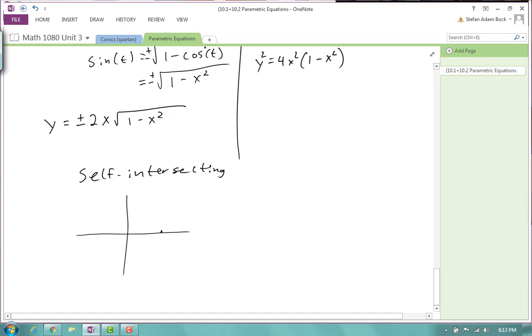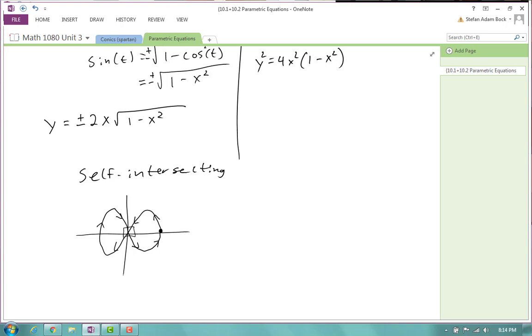You go up, and then down, and then up, and then down, and then back up again. So we see here we have a self-intersection.